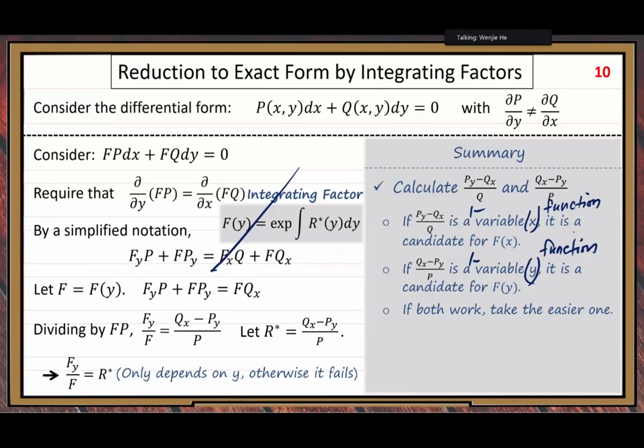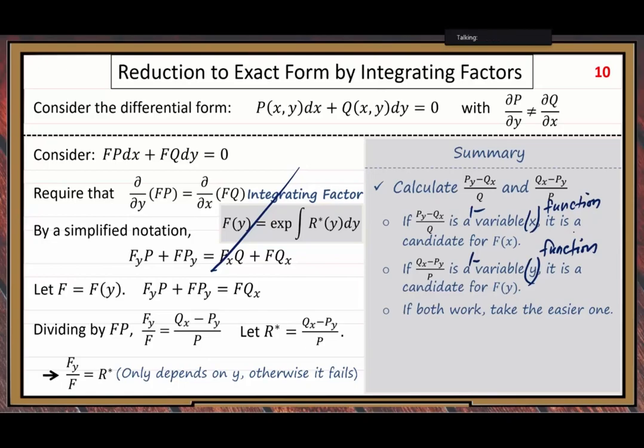So under this condition, you take the easier one, because most of the time one should be easier than the other. Because one is a constant, then it's easier. If you see a complex function in one, but a much simpler function in the other, you want to choose the simpler function.